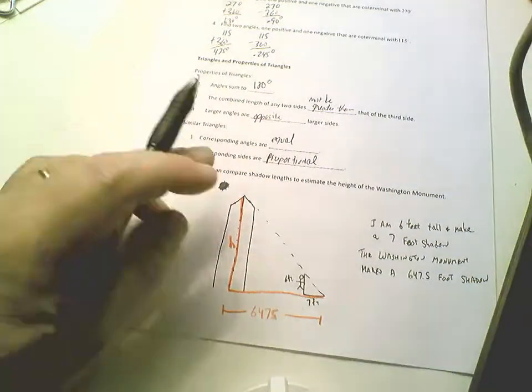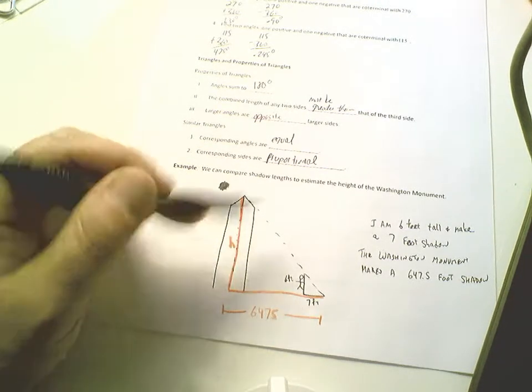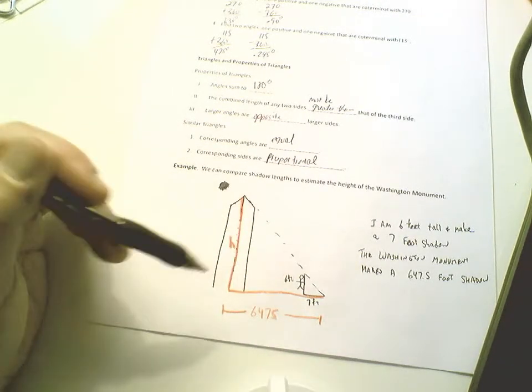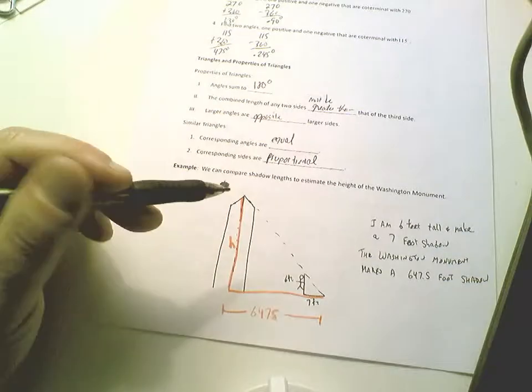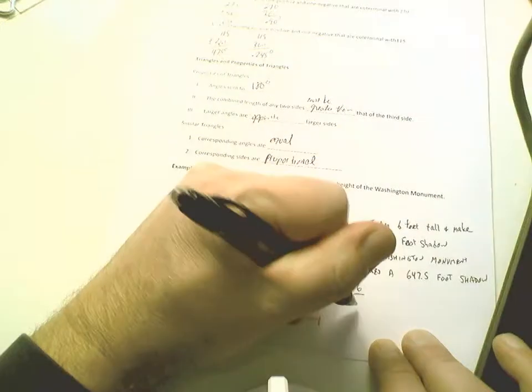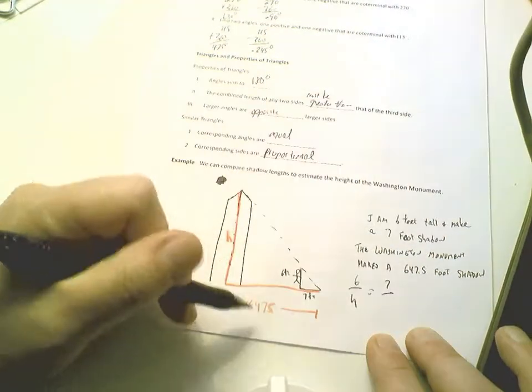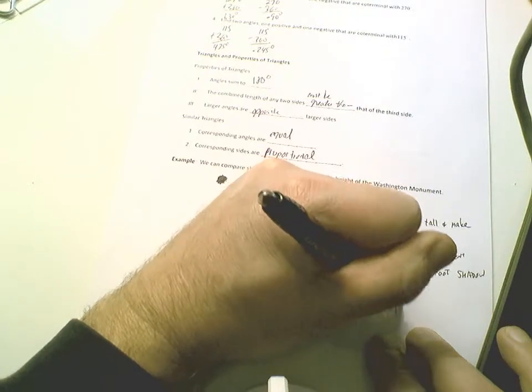And similar triangles tell me what? The ratios of our respective heights should be equal to the ratio of our respective shadows. So I can say 6 is to h as 7 is to 647.5.